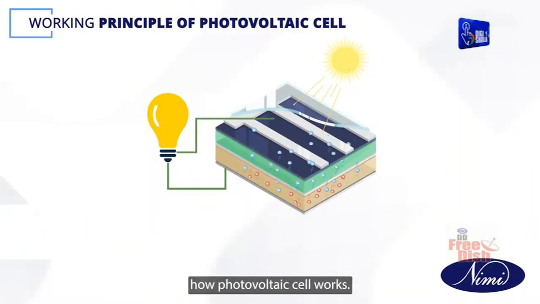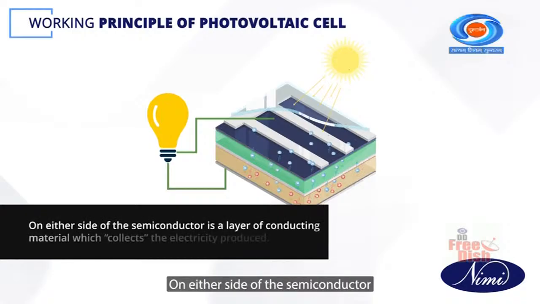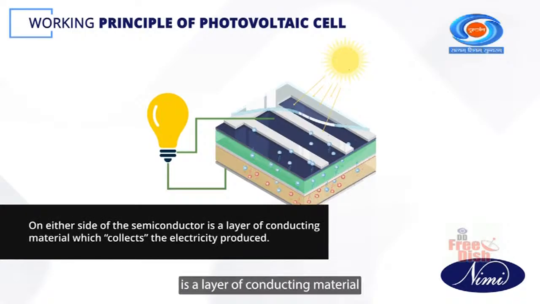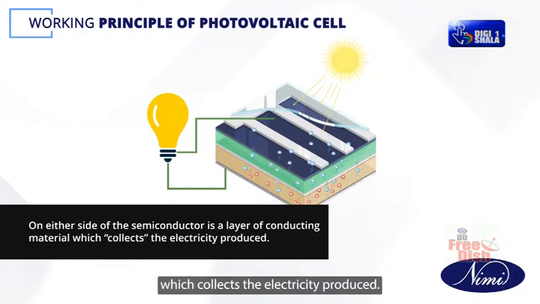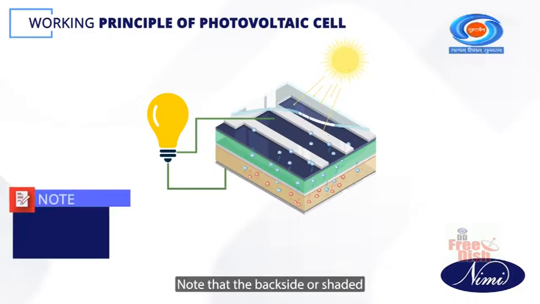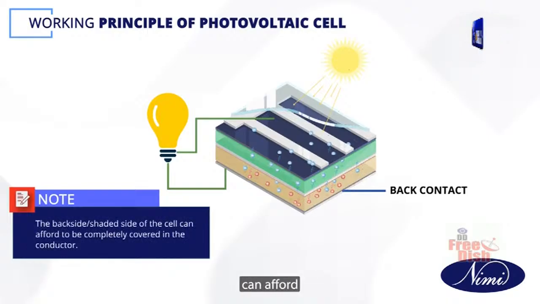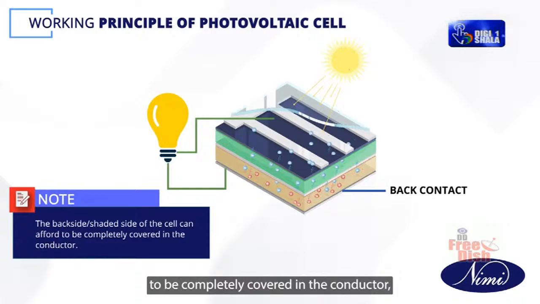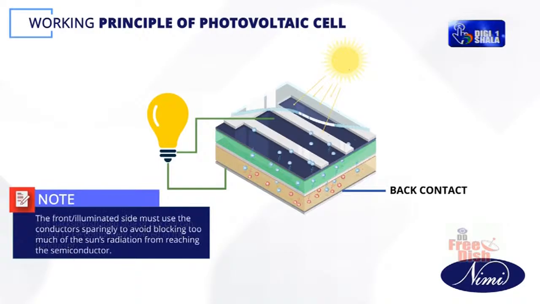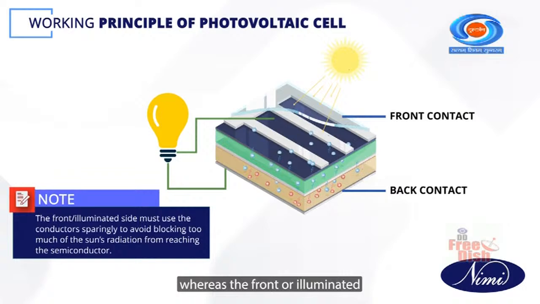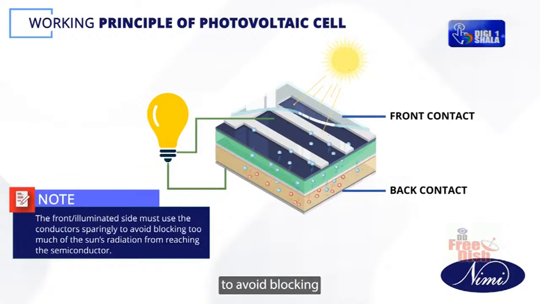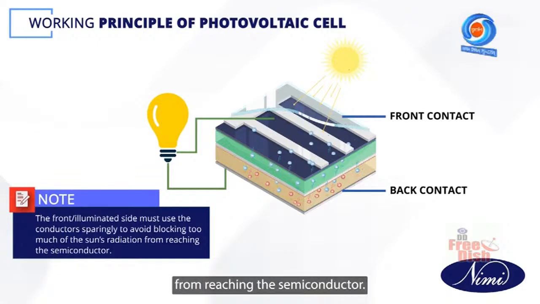Let us learn how photovoltaic cell works. On either side of the semiconductor is a layer of conducting material which collects the electricity produced. Note that the backside or shaded side of the cell can afford to be completely covered in the conductor, whereas the front or illuminated side must use the conductors sparingly to avoid blocking too much of the sun's radiation from reaching the semiconductor.